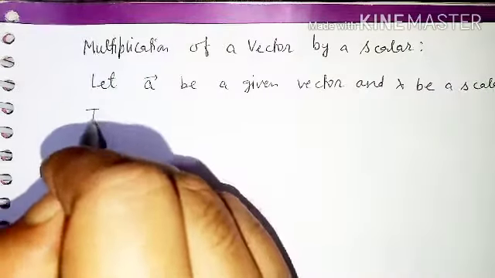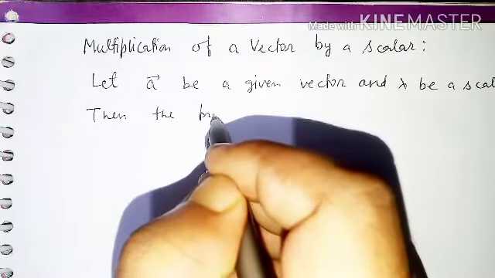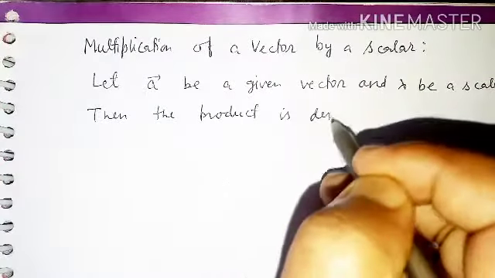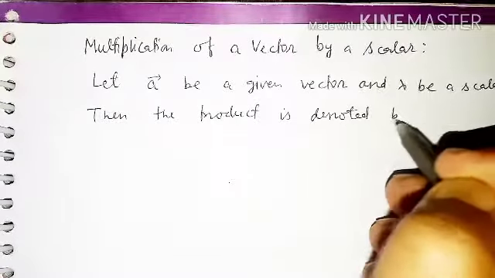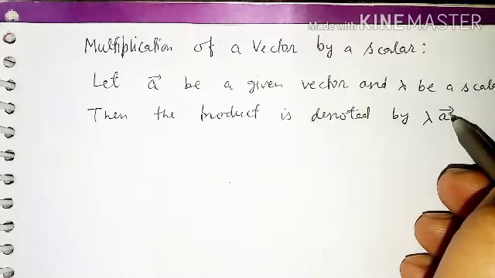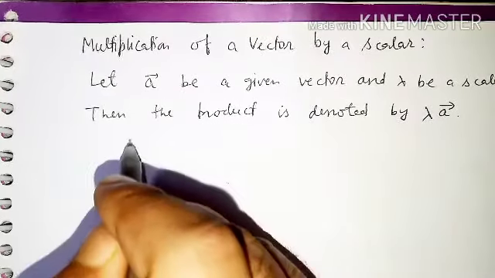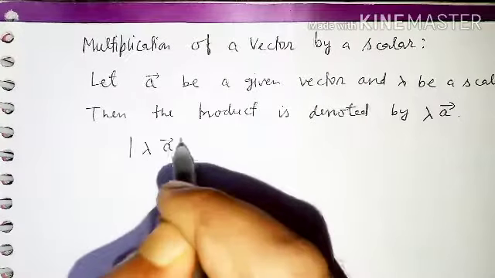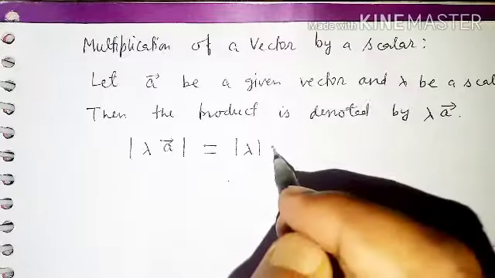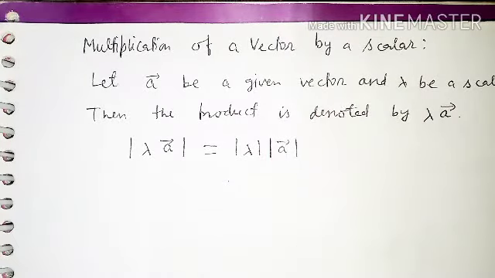Then the product is denoted by lambda vector a and its magnitude is given by magnitude of lambda times magnitude of vector a.